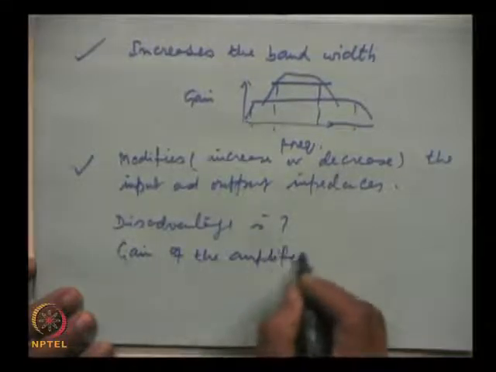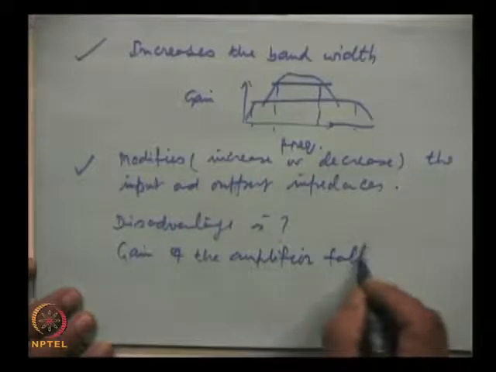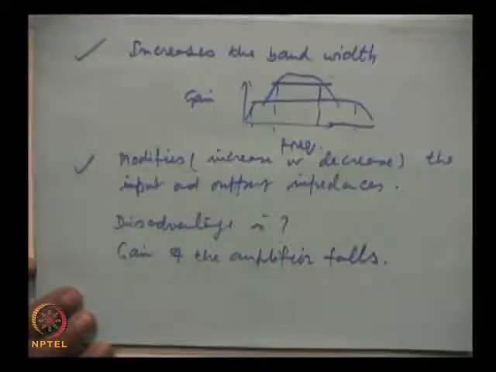For example, the open loop gain may be 10,000, which is reduced to 200 when we incorporate negative feedback for the various things we have talked about.